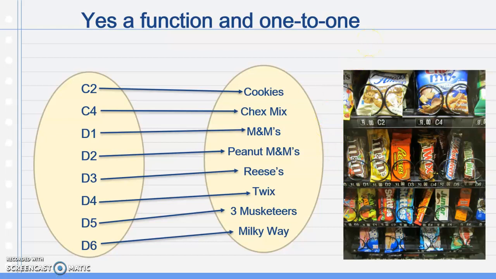Every input will give you one item, but it's also 1 to 1 because you don't have any repeating items in the vending machine. It would be pretty shifty if they were to say, hey, if you put in C2 for your code, maybe you'll get the cookies, but who knows what's behind there? You might get something else. So generally speaking, vending machines are functions.